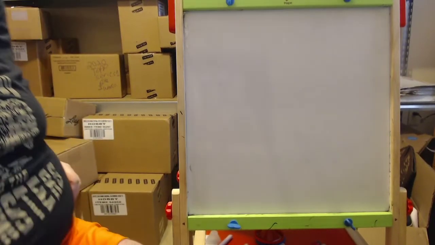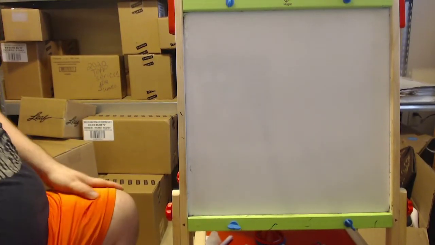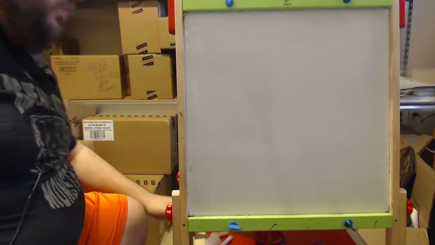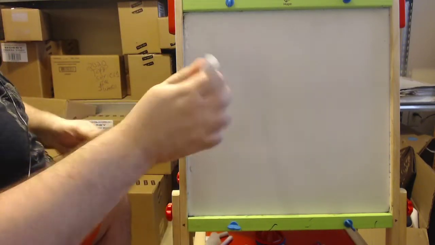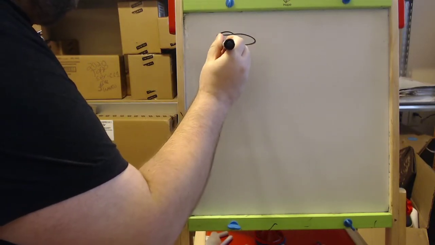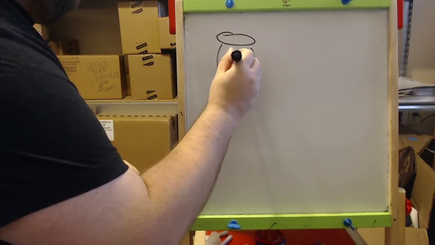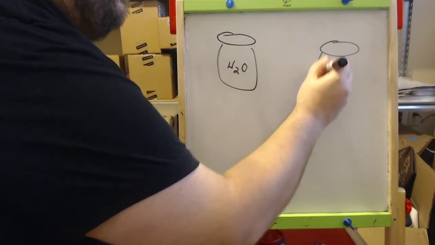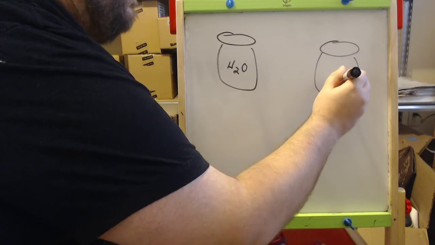Now, another thing I want to talk about is buffers. So if I have water, either way we look at it, I'm going to make two containers of water in here.